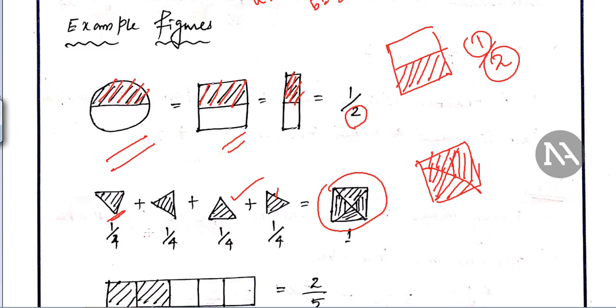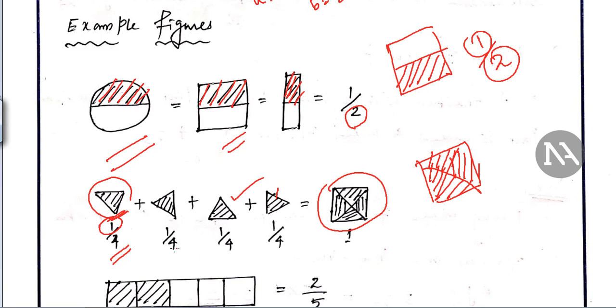The sum of all the parts gives you the complete square. You can see here the square has been divided into 4 parts. This single part is out of 4 parts, it is 1. It is 1 by 4.